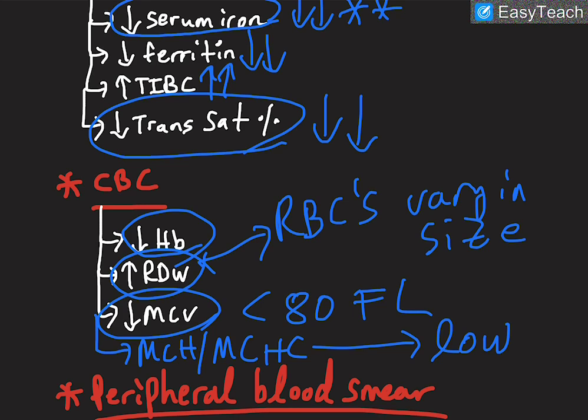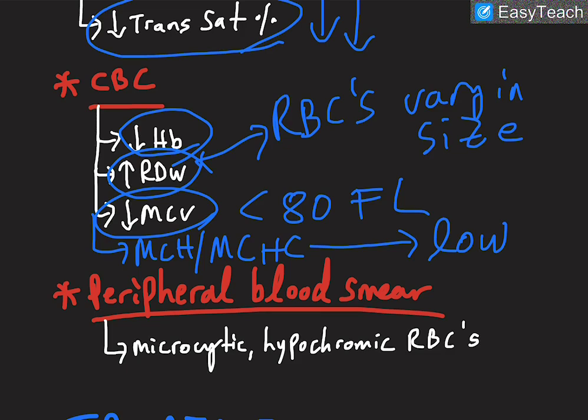If you see low hemoglobin or hematocrit, low MCV, that clues you into iron deficiency anemia also, or a microcytic anemia at least. And of course, symptoms like weakness, dyspnea on exertion, pallor, fatigue, headache, dizziness, things like that, should help you diagnose iron deficiency anemia.